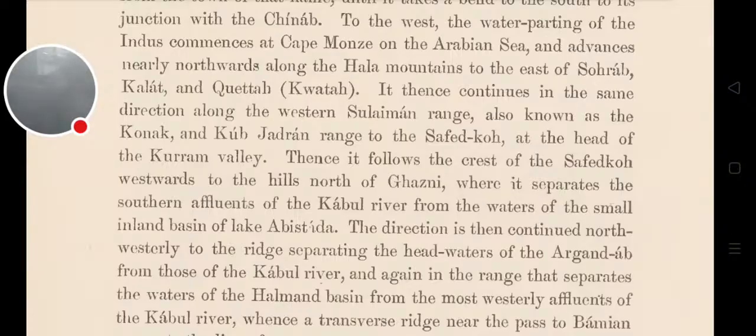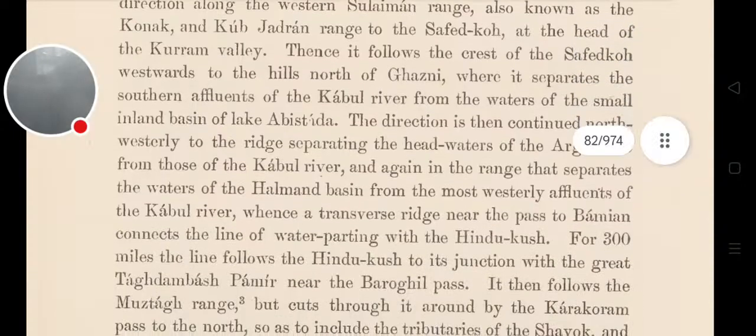It thence continues in the same direction along the western Sulaiman Range, also known as the Konak and Khub Jadran Range, to the Safed Ko at the head of the Kurram Valley. Thence it follows the crest of the Safed Ko westwards to the hills north of Ghazni, where it separates the southern affluents of the Kabul River from the waters of the small inland basin of Lake Abistada.